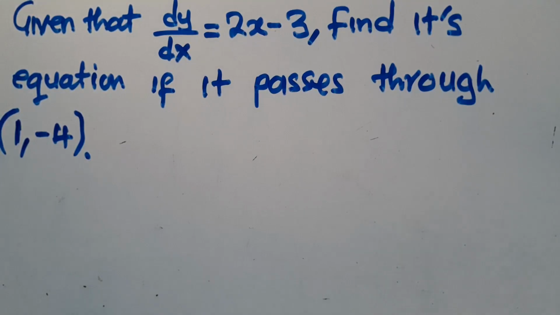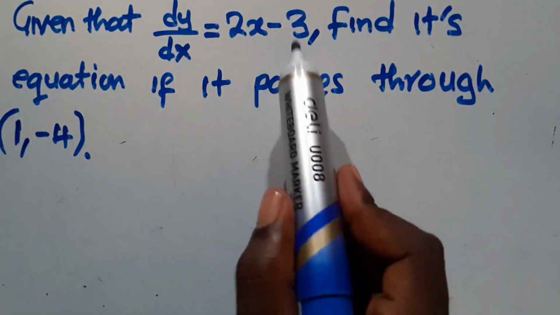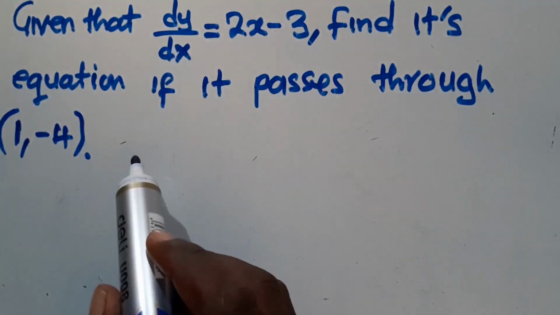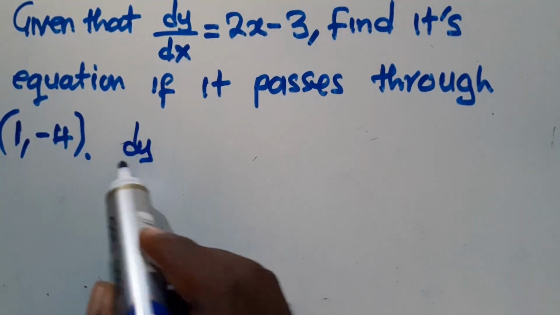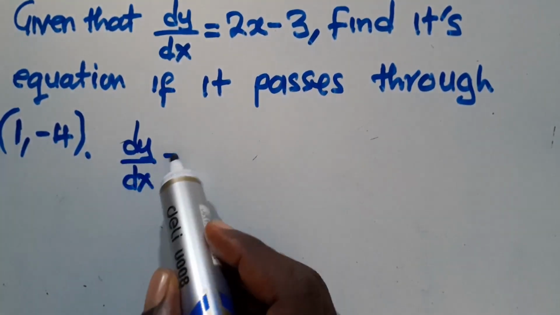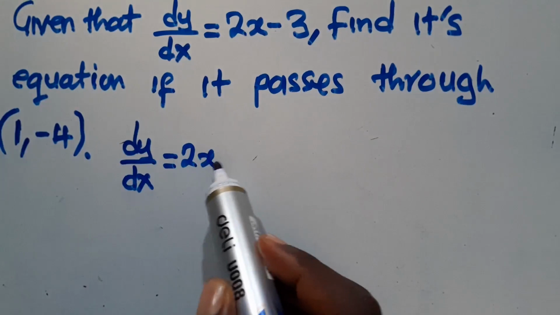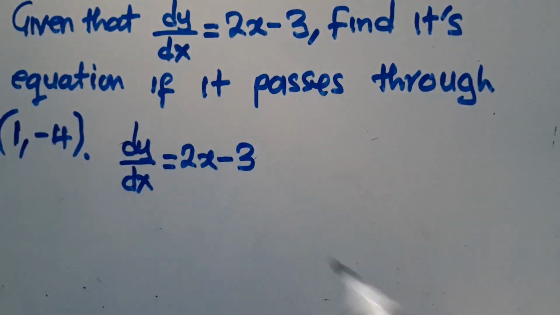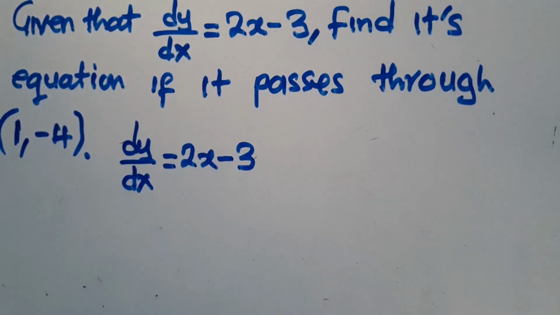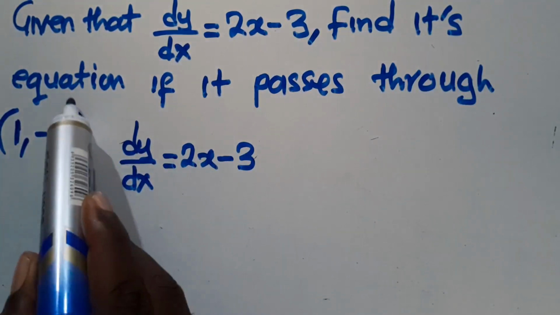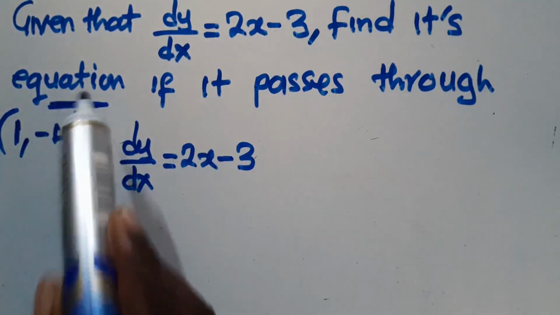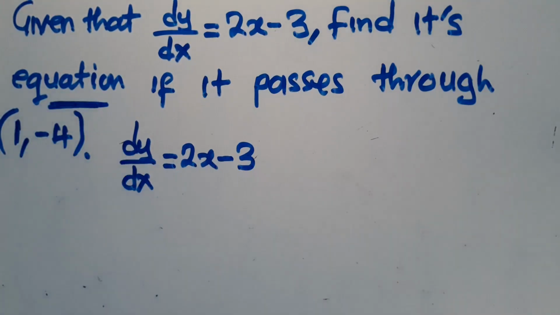When you are given a gradient function, dy/dx is equal to 2x minus 3, this is what you are given. The question is telling you to find its equation. You want to calculate its equation.